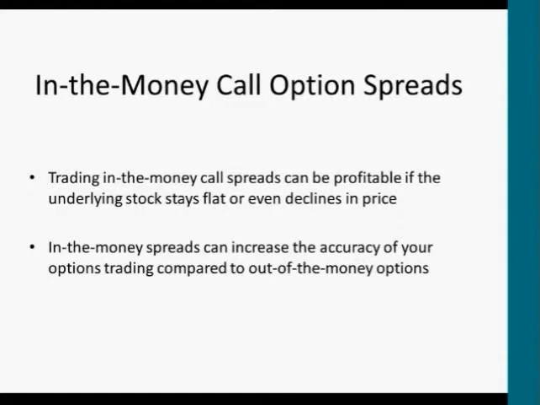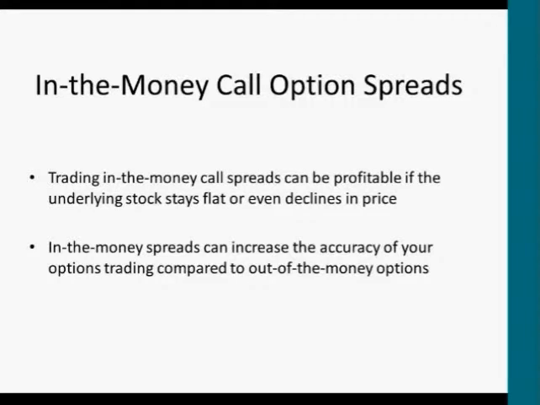And another approach to these bull call spreads is to do in-the-money option spreads. And if you trade in-the-money call spreads, the spread can be profitable if the underlying stock stays flat or even declines in price.